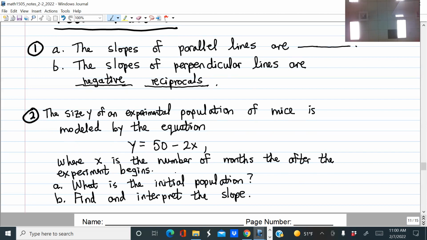What is that telling us about our mice population, right? What's the slope mean to us in the context of this problem? Okay, so see if you can write down that initial population, and then can you find out what the slope is, and then after you've found the slope, can you explain what that is telling us about the mice? Okay, so what are the practical implications of whatever value you get for the slope?